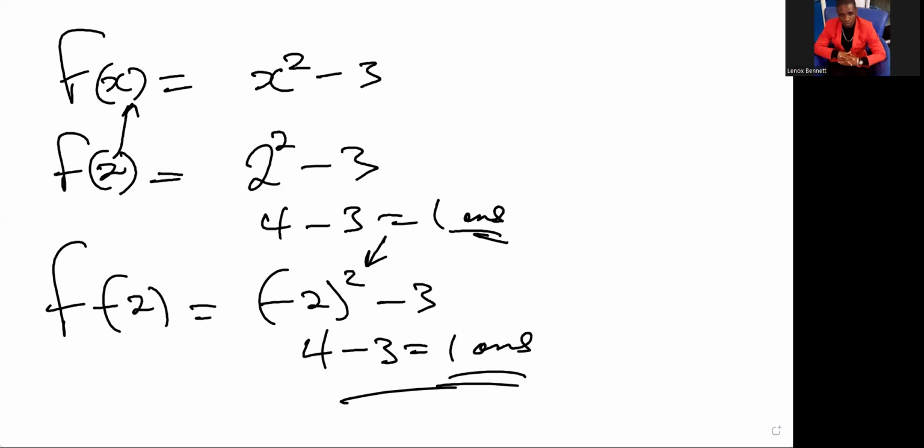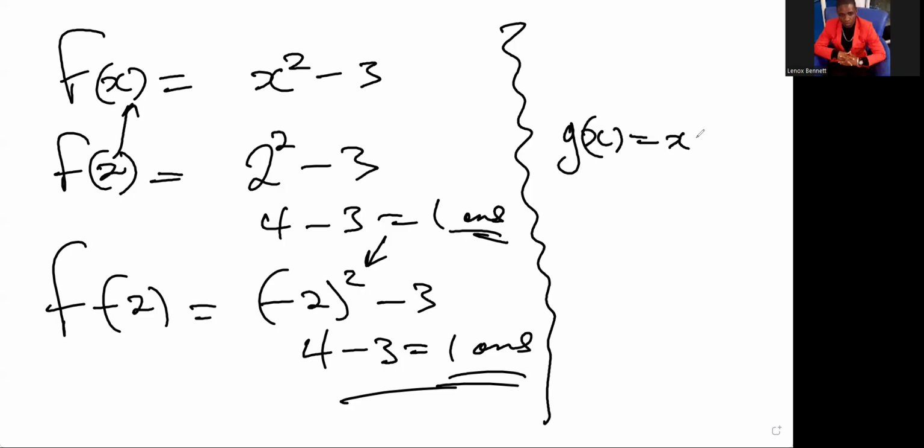I could use the other side, you guys. Find g of minus 4.